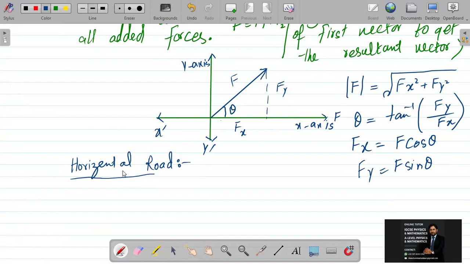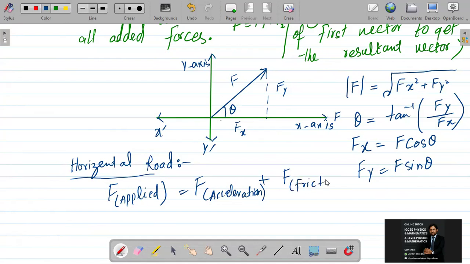Then I will say there is an applied force, which is equal to the accelerating force and the resistive force, or force of friction provided by the road. So the force applied by the engine is always equal to the accelerating force plus the force of friction.